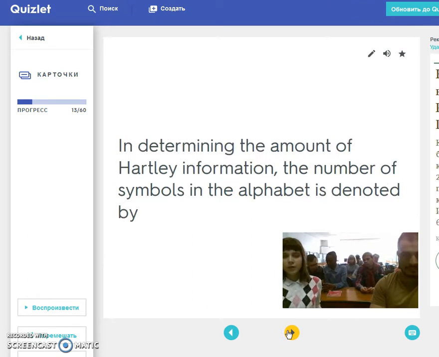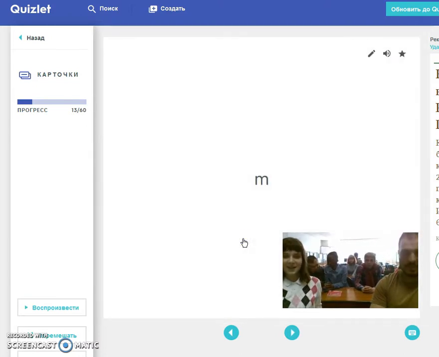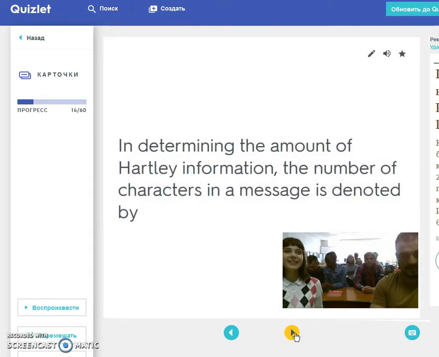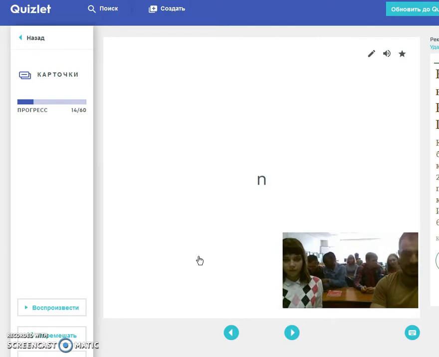In determining the amount of Hartley information, the number of symbols in the alphabet is denoted by m. The number of characters in a message is denoted by small n.